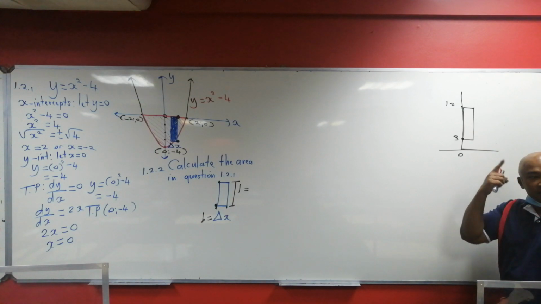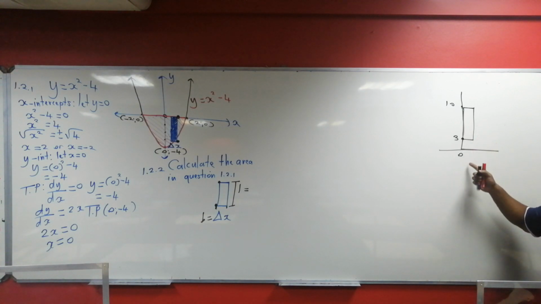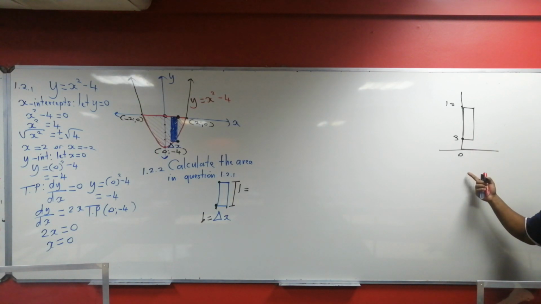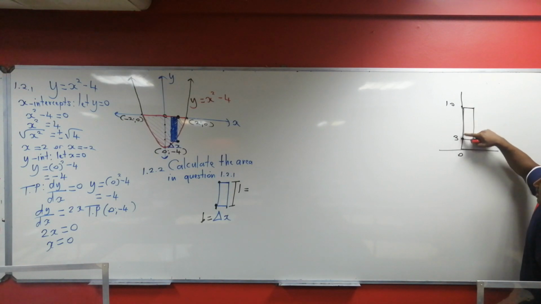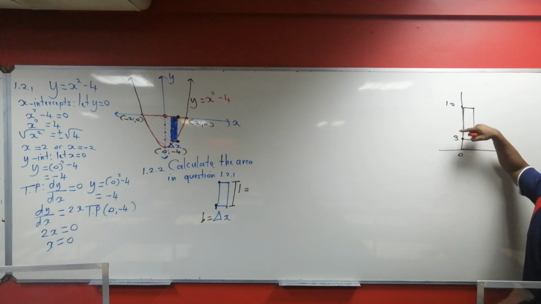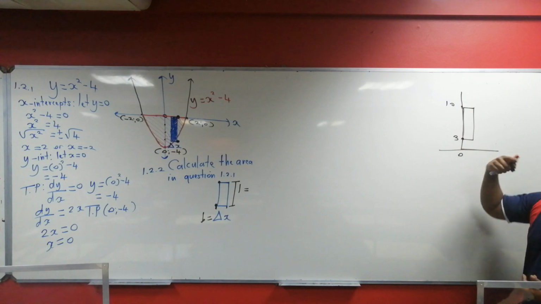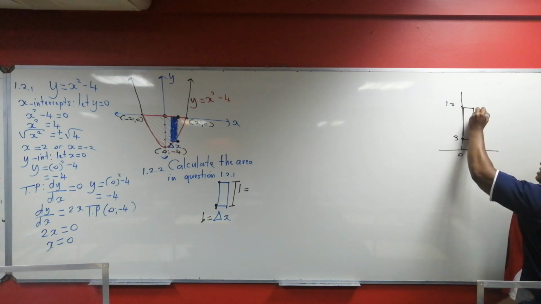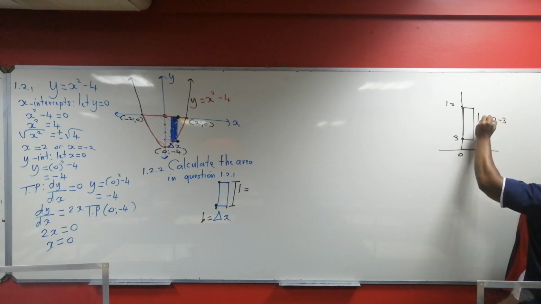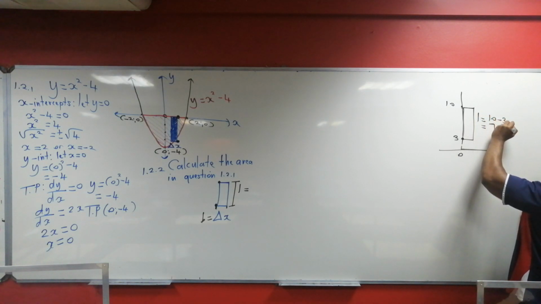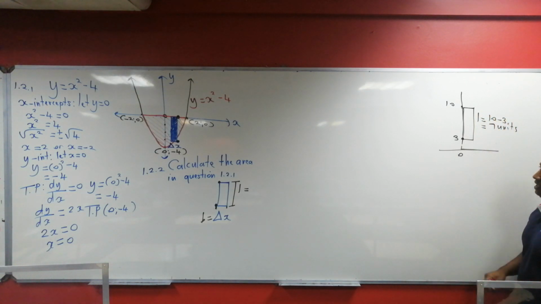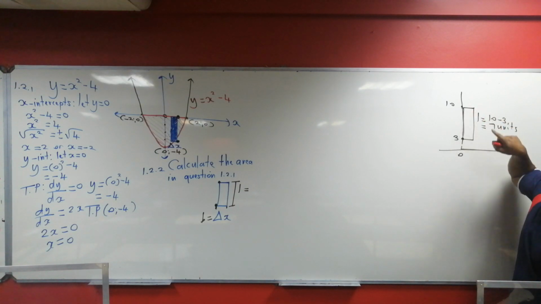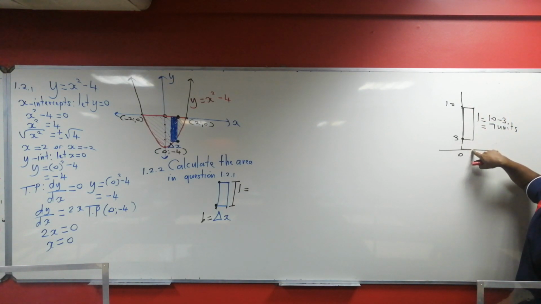Obviously, you're working it out in 1 second in your head. It's going to be 7, because from here to there, you are moving 7 units up. In other words, all you do is 10 minus 3 is 7. So the length here is equal to 10 minus 3, which is 7 units. Okay, so if this was a 20 and this was 5, it's going to be 20 minus 5.